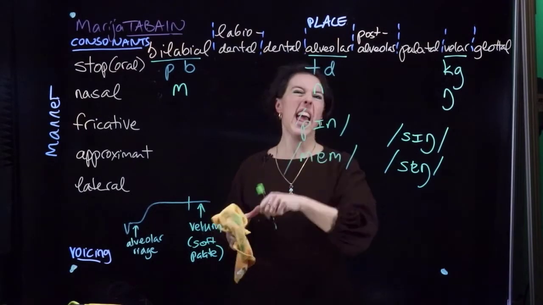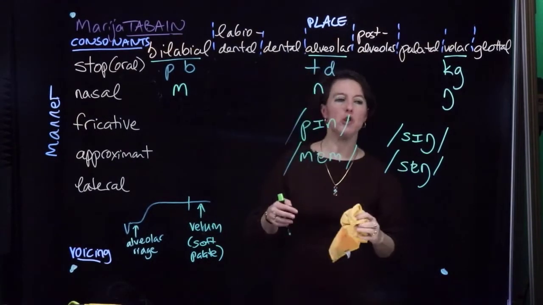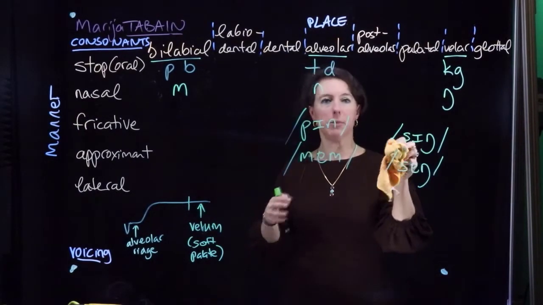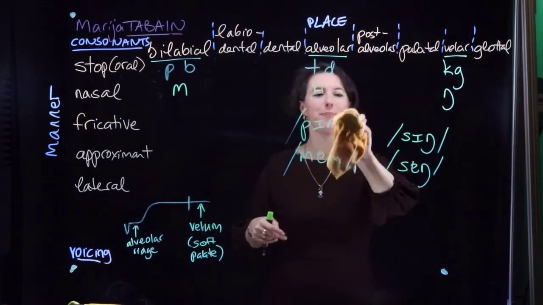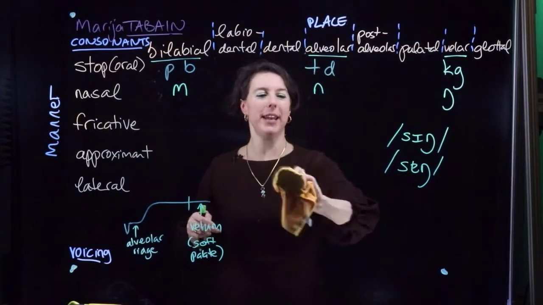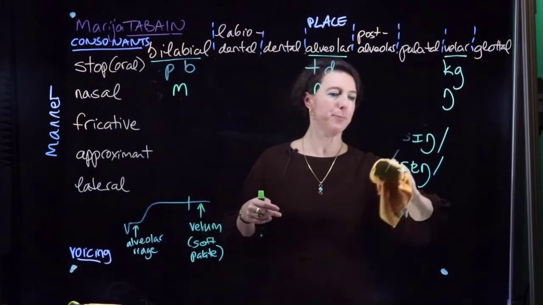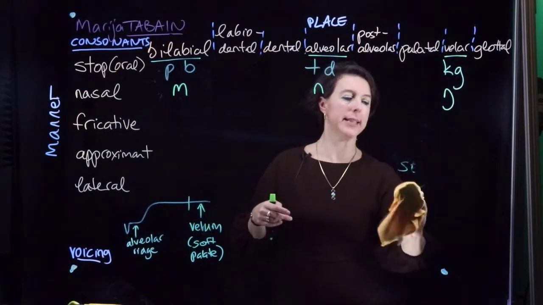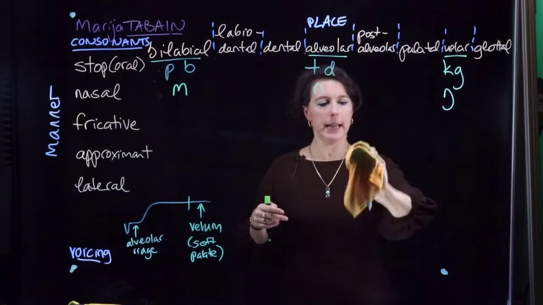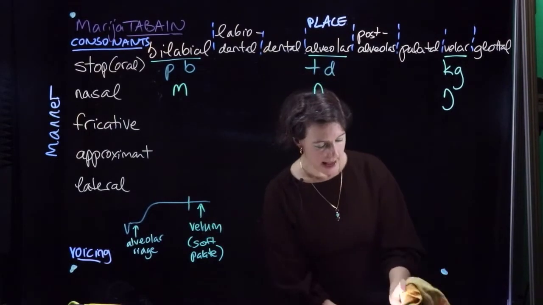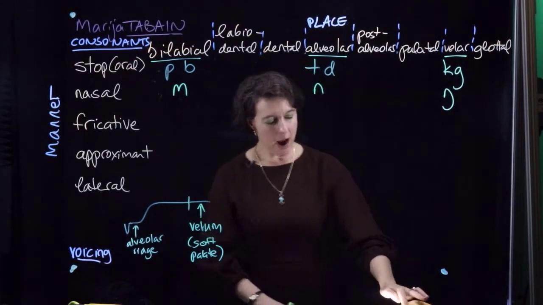So they're not really that unusual in terms of the symbols that are used. All right, so next we're going to have to deal with a few different symbols, and we're going to deal with a class of sounds called fricatives. Okay, so fricatives are a little bit different.